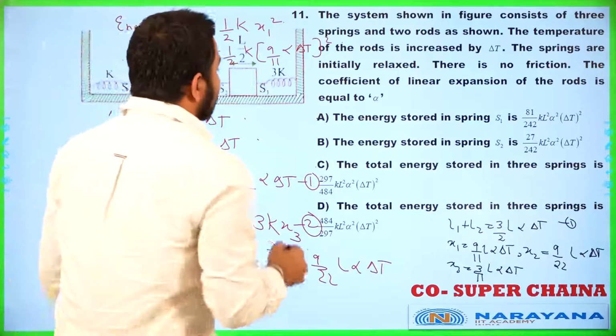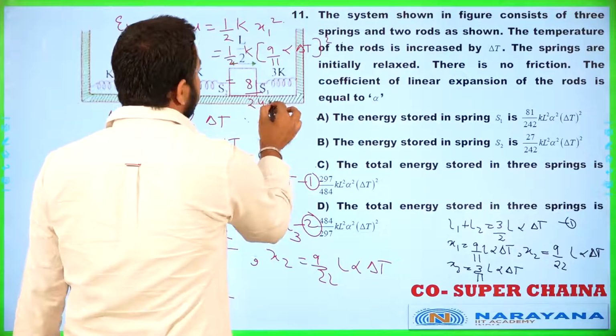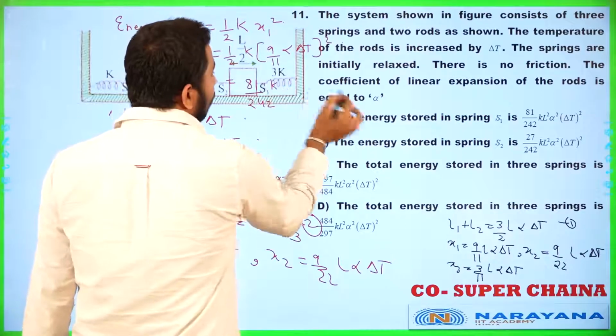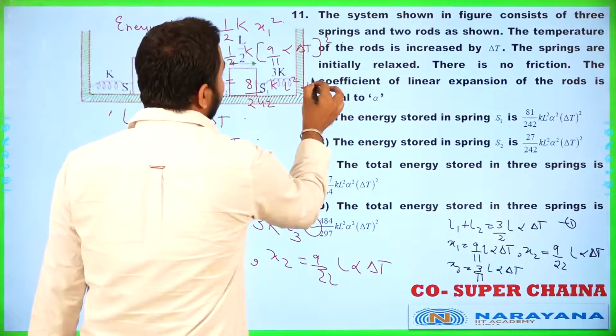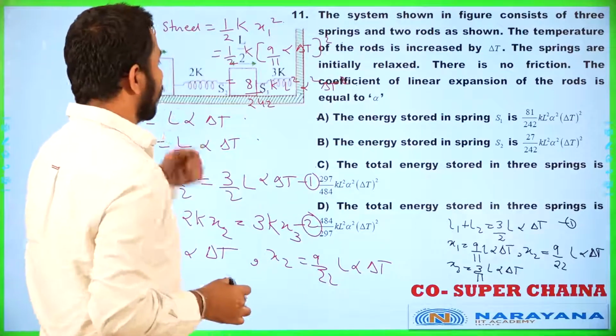So if you simplify this, it will be coming as 81 by 242 K L square alpha square delta T whole square.